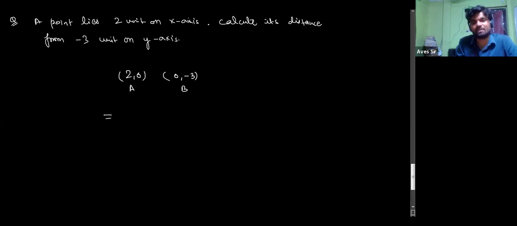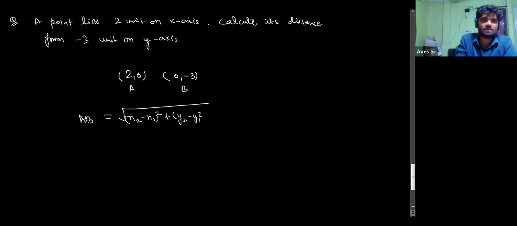So please tell me the distance of AB by using this formula: square root of (x2 minus x1) whole square plus (y2 minus y1) whole square. How much is it?